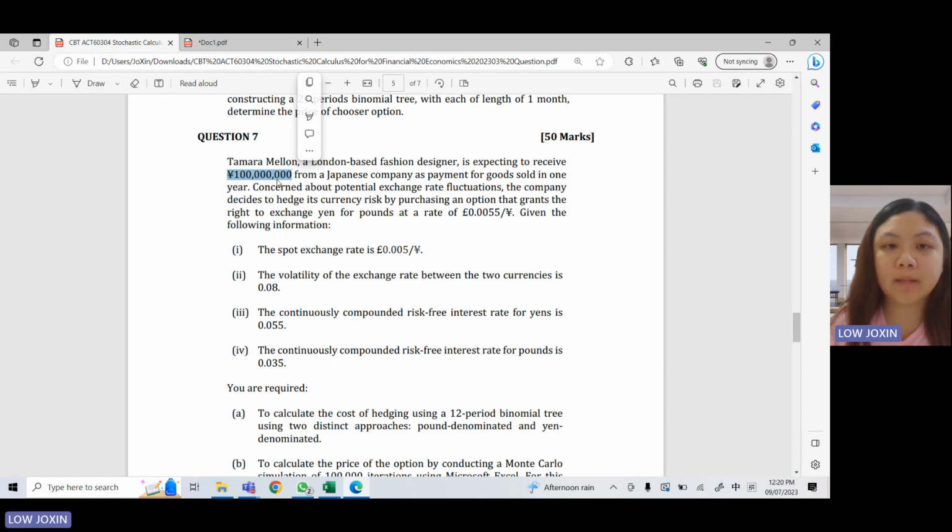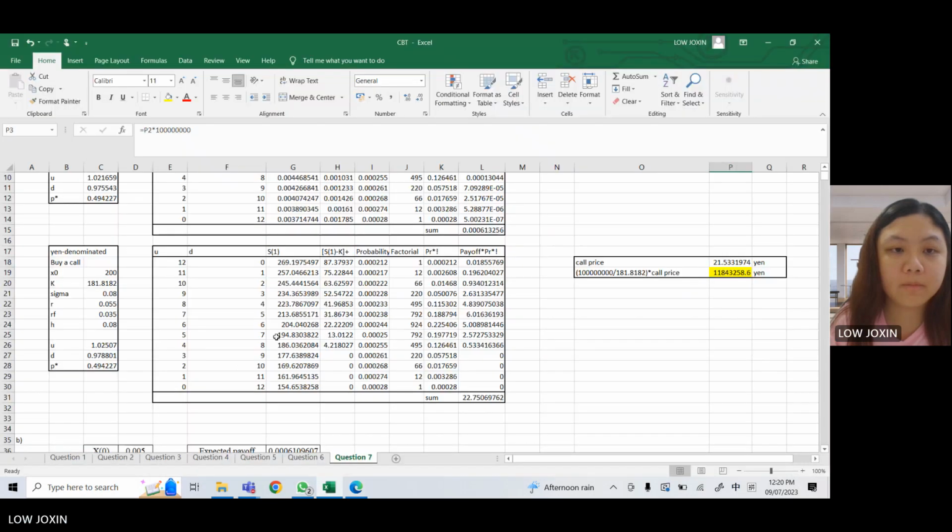So the pound is my underlying asset now, so I need to buy the asset. So I will need a right to buy, so I need to buy a call.